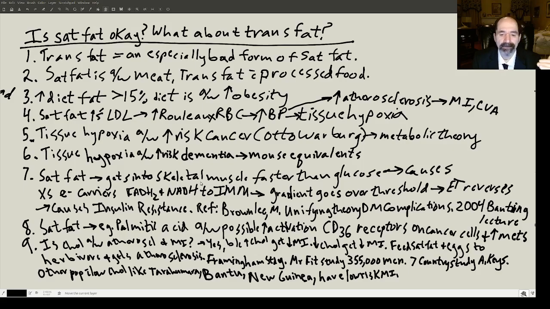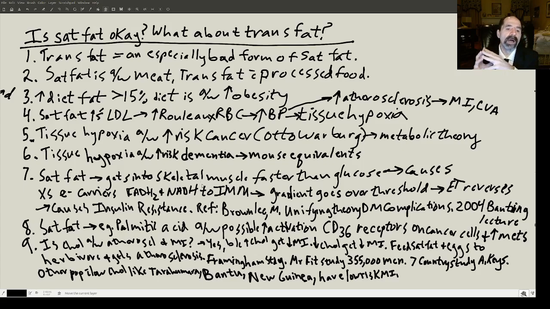Because of that, the mitochondria start to metabolize the fatty acids, in particular the saturated fat. It just seems to send too many electron carriers to the electron transport chain in the inner mitochondrial membrane too fast. I have a bunch of material about this in my diabetes lecture because this is relevant to diabetes.